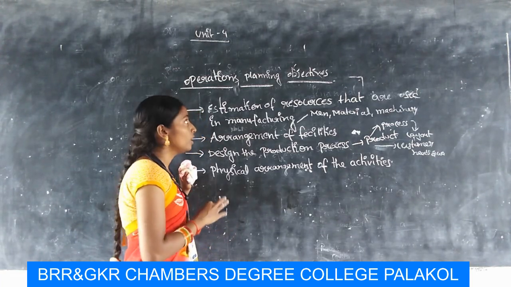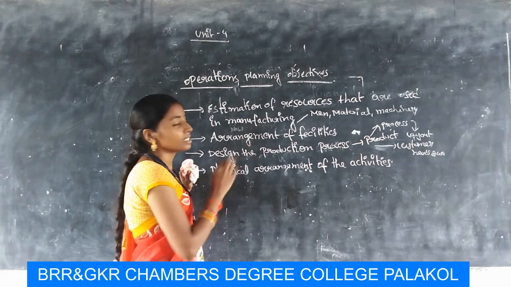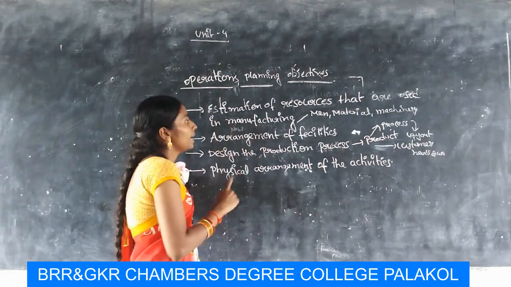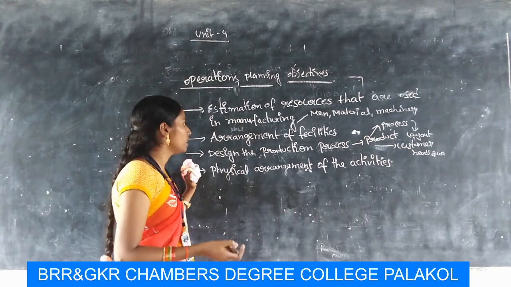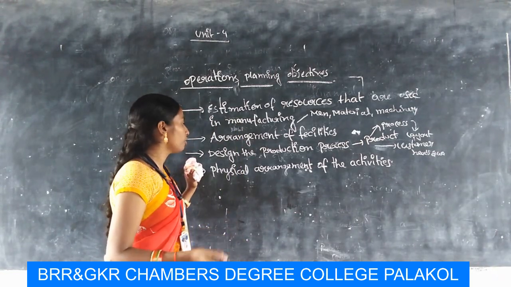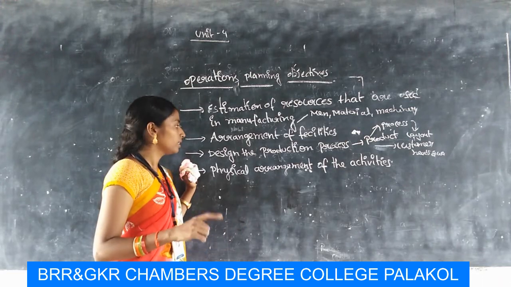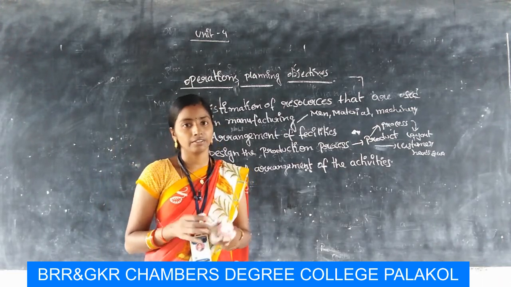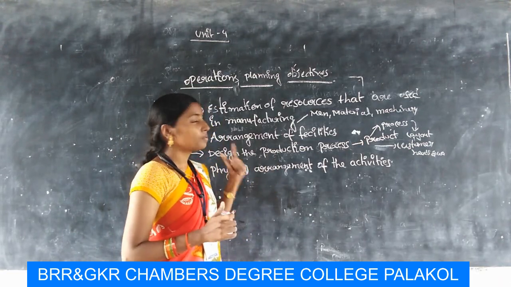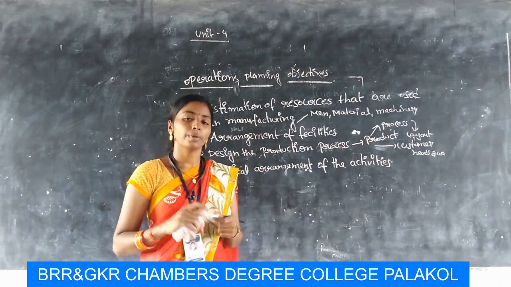So these are the objectives of operations planning. The first one is estimation of resources that are used in manufacturing. Next, arrangement of facilities, designing the production process, and physical arrangement of activities. All these are the objectives of operations planning.